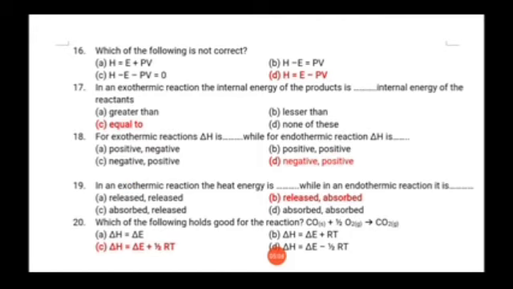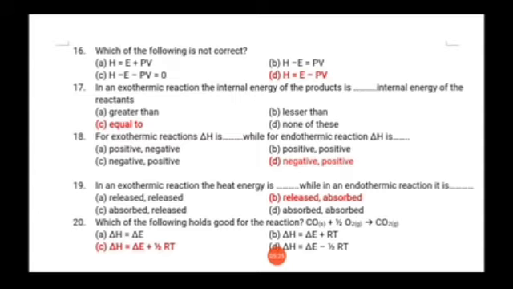We know that whenever any exothermic reaction is going on, delta H is always negative, and for endothermic reaction, delta H is positive. So the correct option of this question is negative positive, that is option D.